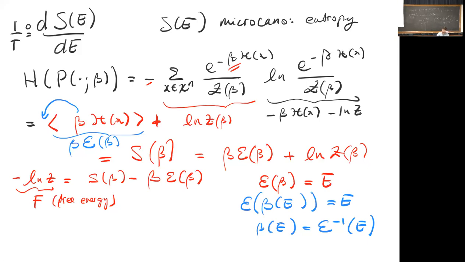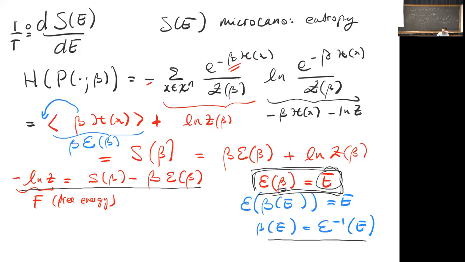And just what I did is nothing. I just said this number, the internal energy, which is a function of beta, is equal to some value E. So now if instead I want to think of all these objects as functions of this number E instead, I can, because there exists a beta such that this relation is true by definition.